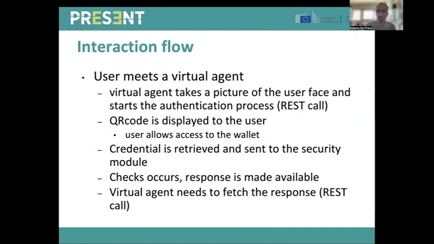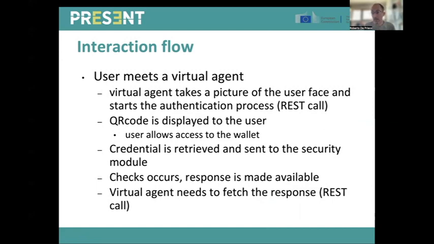The security module provides a QR code, which is displayed to the user. At this point, the system needs to access the wallet, which is stored in the user's mobile device, and the user has to give access with a password, a PIN. The credential is retrieved. The credential is the picture of the user and is sent to the security module.